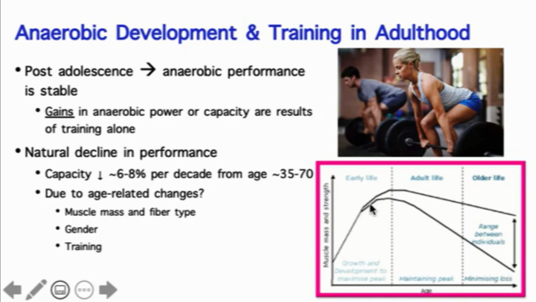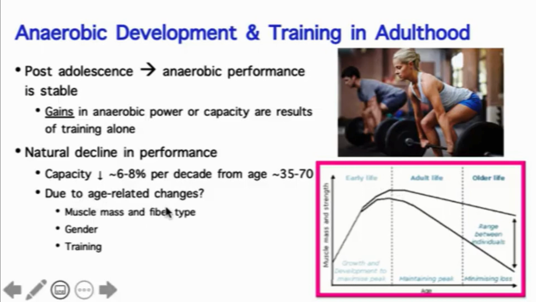So if you're not training, you're generally just going to have this gradual decrease. That natural decline is about 6 to 8% per decade from age 35 to 70. And then older in life, we've talked about reduced activity, and that's going to lead to less movement, which leads to atrophy, right? So less muscle mass available to produce the anaerobic power that we may have measured earlier in life.